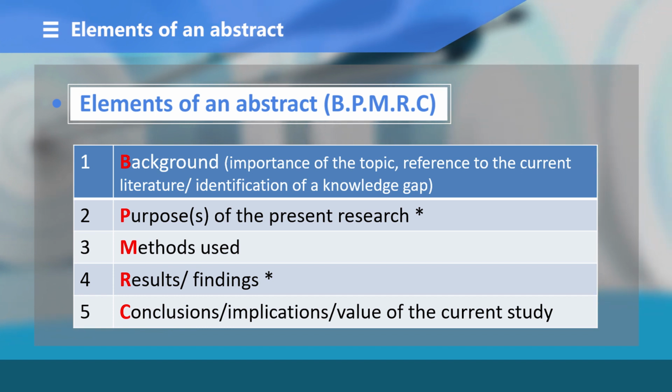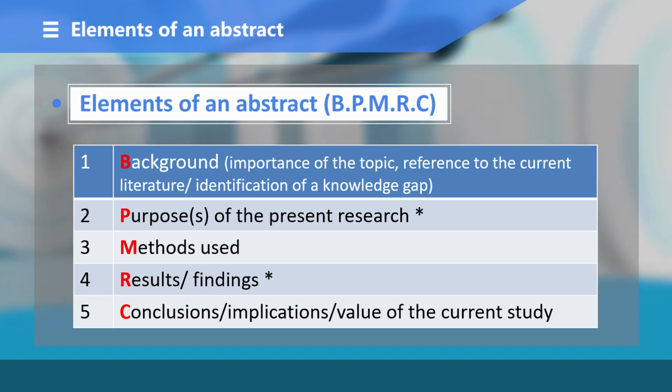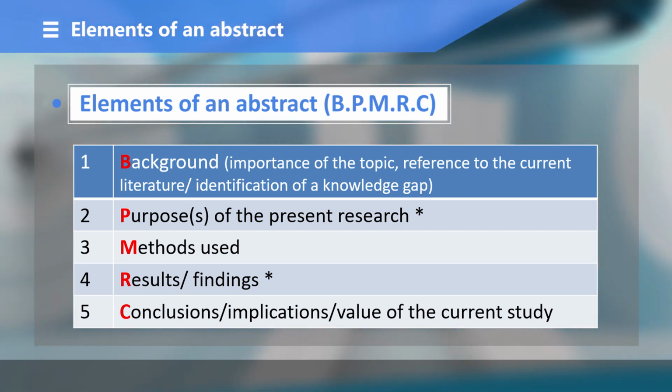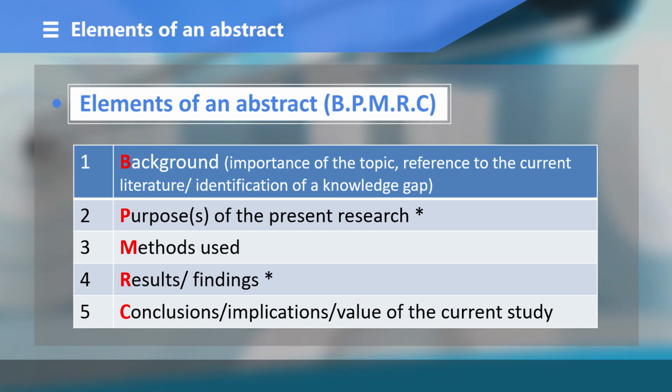M, methods used. R, results and findings. And C, conclusions, implications, or value of the current study. Of all the elements, the purposes and result should be always included in abstract.